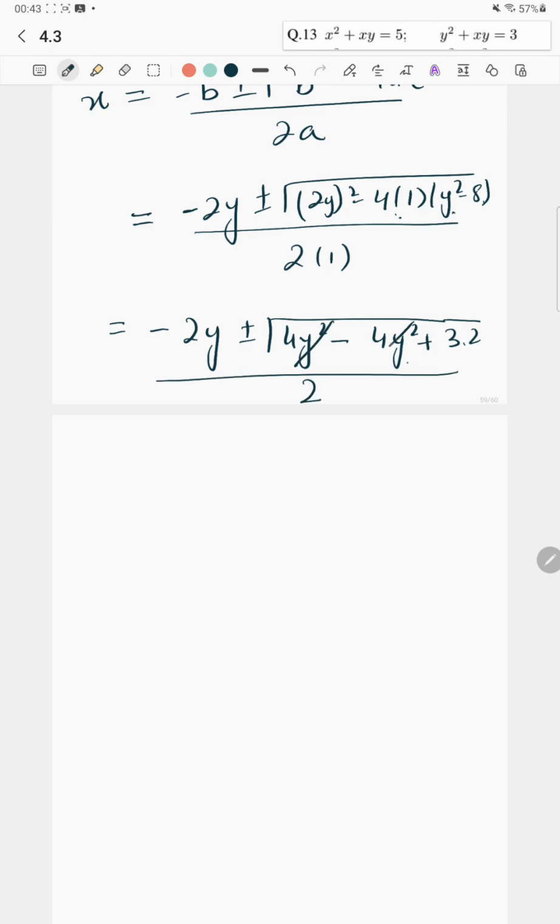So 4y square minus 4y square cancels. It's minus 2y plus minus square root 32 divided by 2.